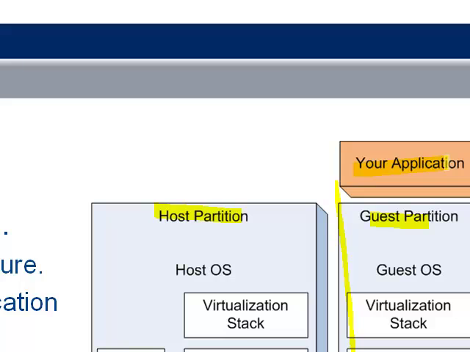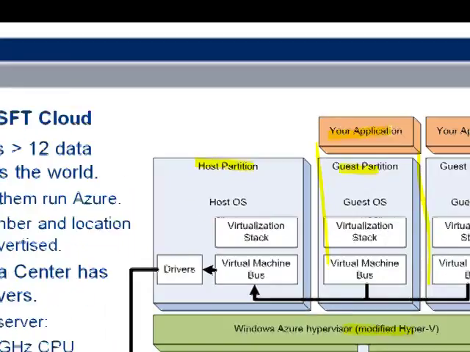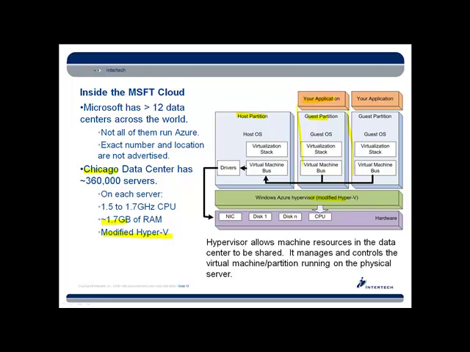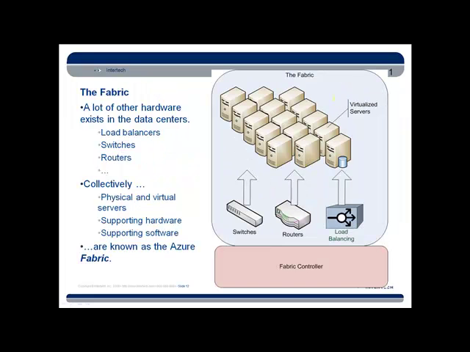More specifically, where instances of your roles, web roles or worker roles, run. We'll talk more about those coming up in just a bit. So these virtual machines allow for many instances, or many pieces of our application, to run, but not necessarily all having their own physical server.